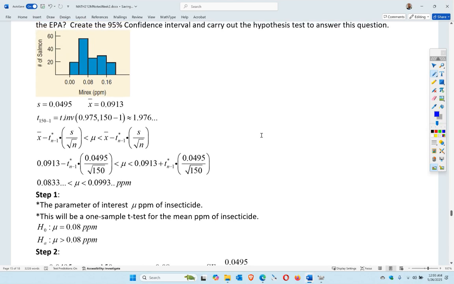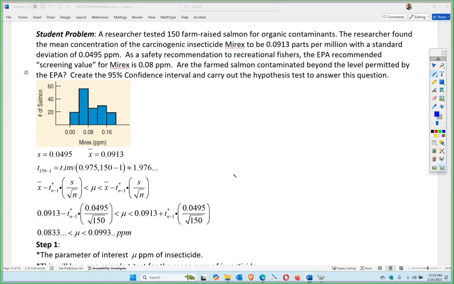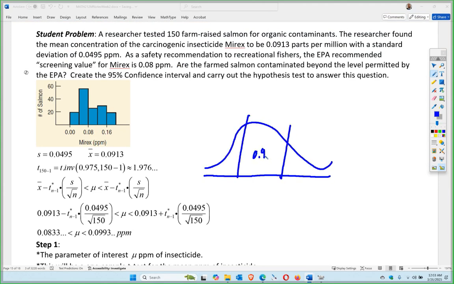The confidence level was 95%, right? 0.95, right? So that means 0.025 here. That's my alpha.